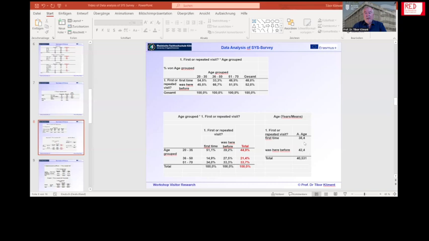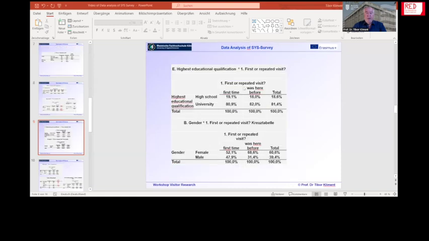So again, here we see a difference, but here the insights that are given are not as good as in the table, because in the table you see much more clearly that it is especially the younger group of people that comes less often to the festival.